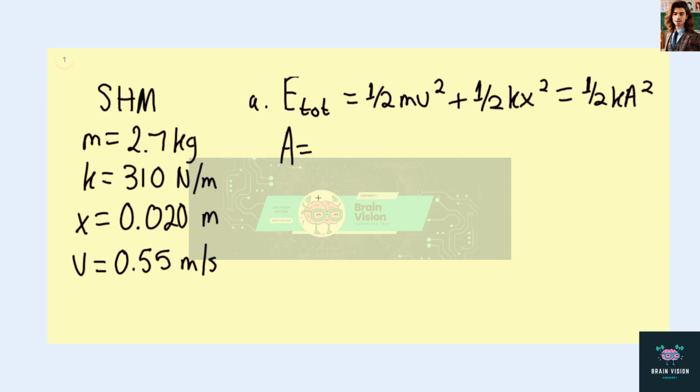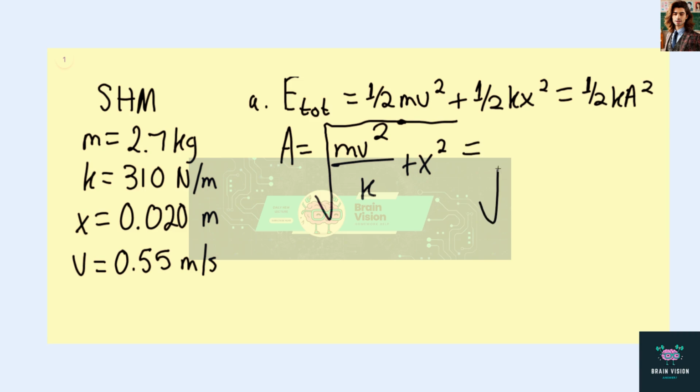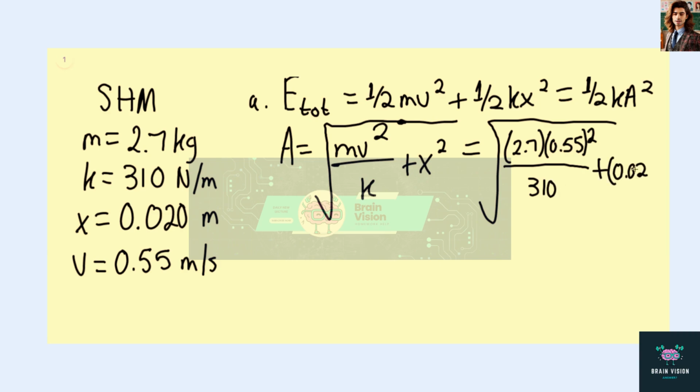to the square root of mv squared divided by k, plus x squared. Solving for this, we have m, so 2.7, times 0.55 squared, divided by the spring constant of 310, plus 0.02 squared.